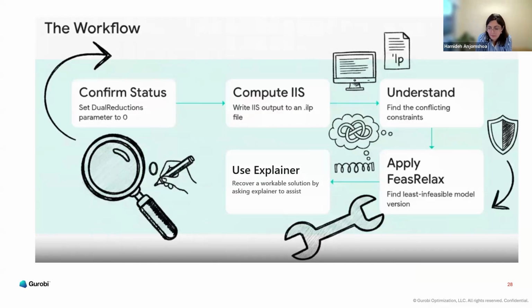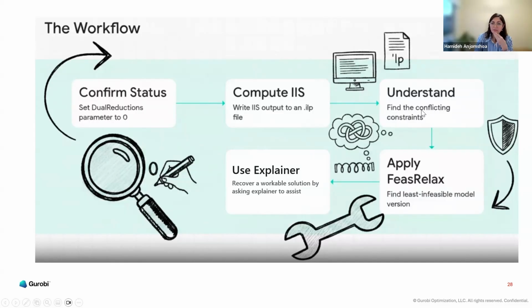Try that. That's new. To summarize the whole workflow: first, confirm it is infeasible. Make sure you set some parameters like DualReductions to 0 so it's not unbounded. Then you compute the IIS, and then write the ILP file to be readable.